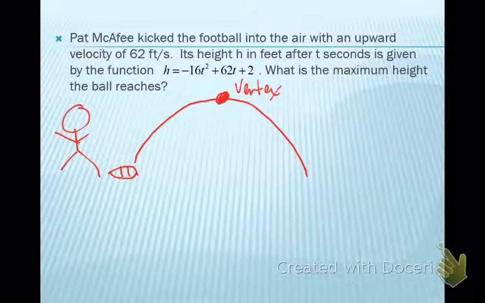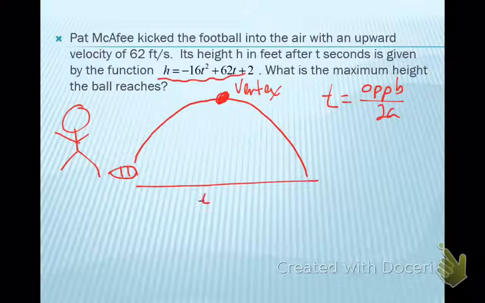Well, if you look at your function here, we see that x has been replaced by t and y has been replaced by h. So if I want to find the x value of this function, it's the same as finding the t value. But the formula stays the same. Opposite b over 2a. Okay? So you have to understand that the x-axis here is time, and the y value is height.